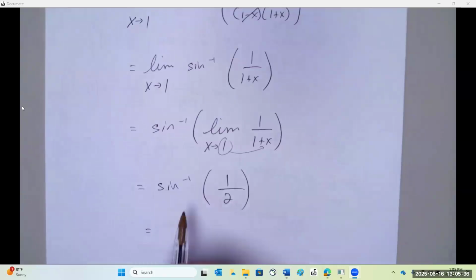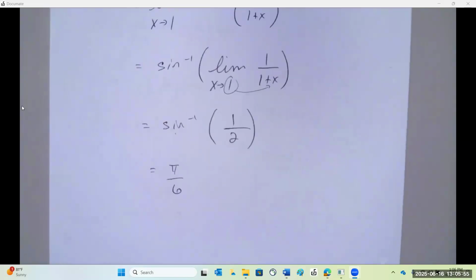Where does sine equal 1/2? We know it's not pi over 4, because that's square root 2 over 2. So it's either pi over 3 or pi over 6. 50-50 shot. You're thinking of cosine.